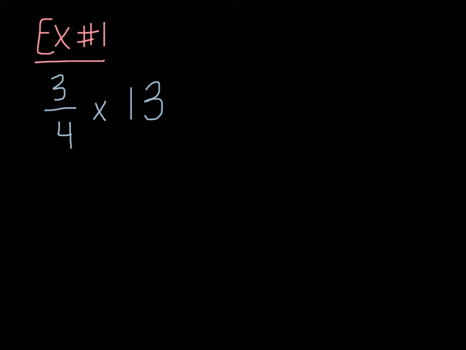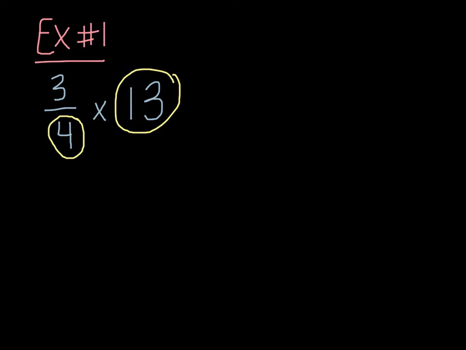Okay, example number 1. Now remember, we're trying to use compatible numbers, and compatible numbers are numbers that are close that can easily be divided. So we have 3/4 times 13. Now what we're looking for is to change the whole number to something that's going to be easily divided by the denominator.